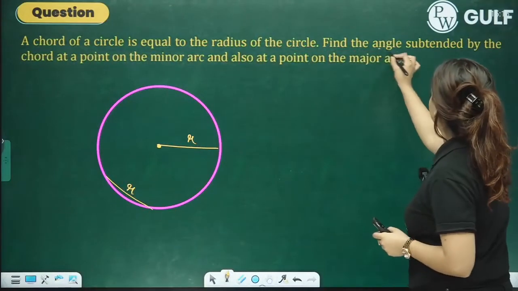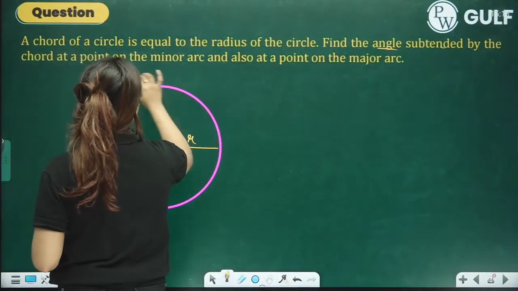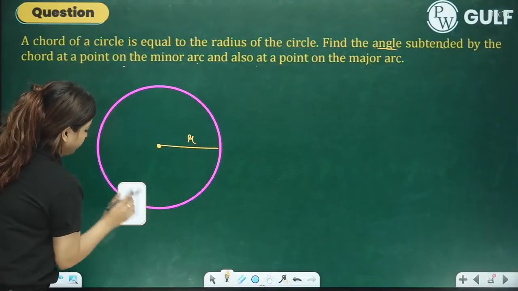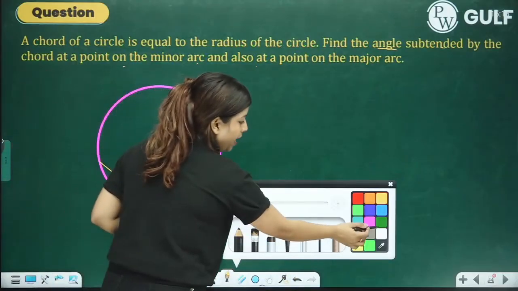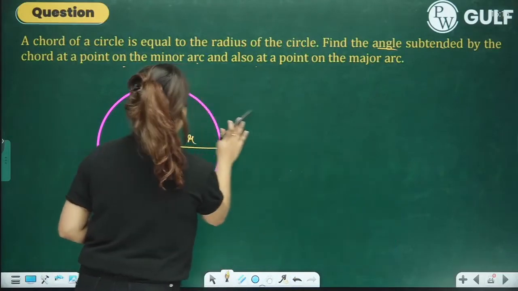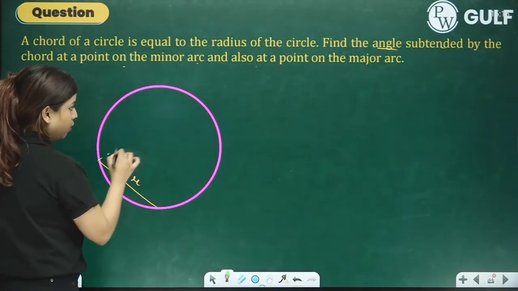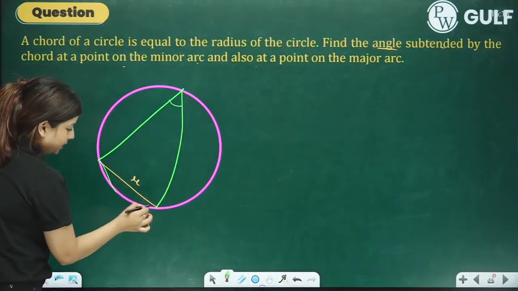So we have to find the angle subtended by the chord at the point on a minor arc and also at the point of a major arc. See, for example, if I draw it like this, this is also equivalent to radius. So what you have to find out is the angle subtended by this particular chord in this arc and in this arc.